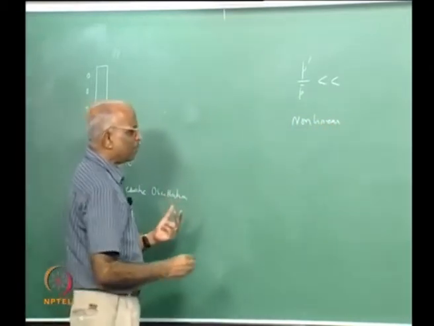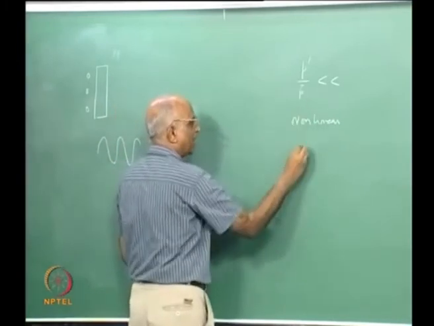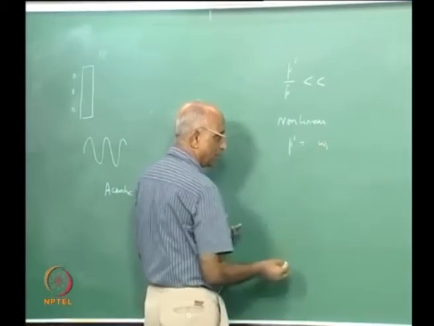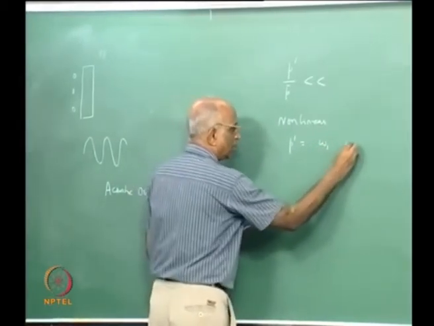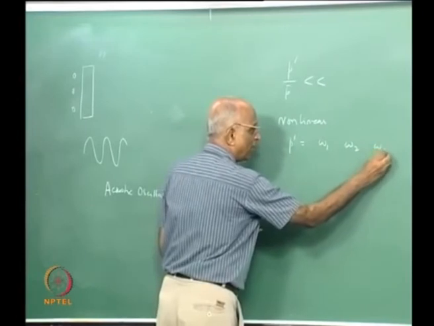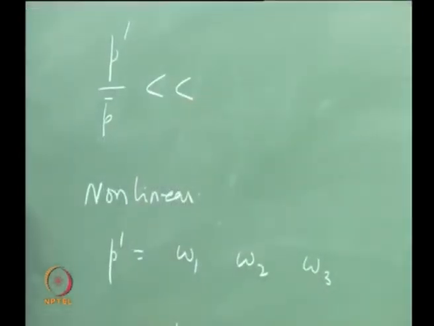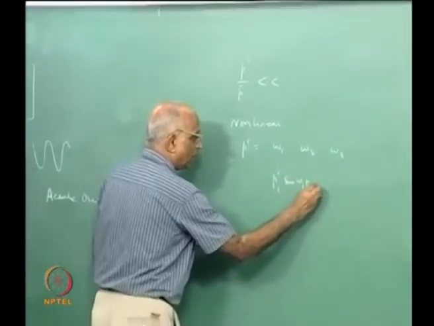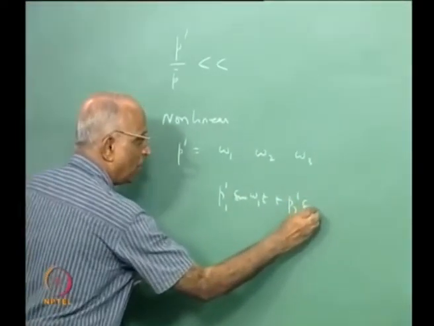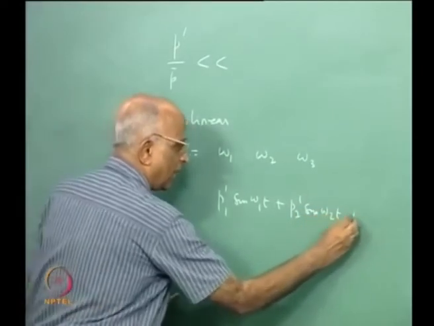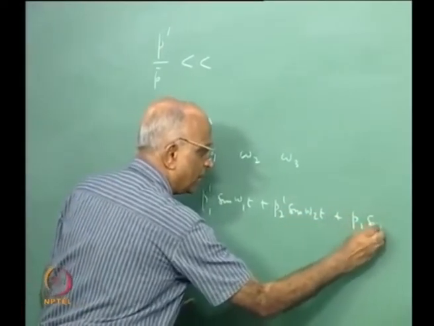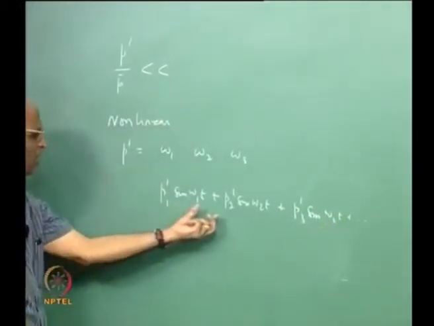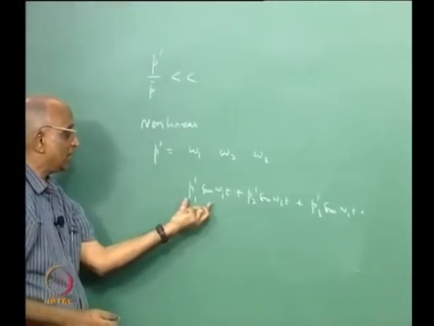In a linear process I can decouple this: I can say P prime happens at a frequency omega 1, the first fundamental, then the higher harmonics omega 2, omega 3. I can write the equation as P1 prime sin omega 1 t plus P2 prime sin omega 2 t plus P3 prime sin omega 3 t and so on, and these can be treated separately because it is a linear system.